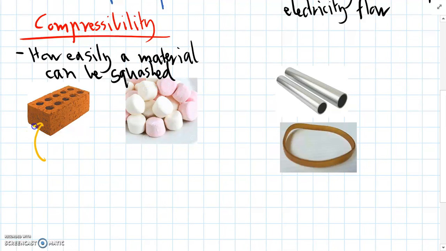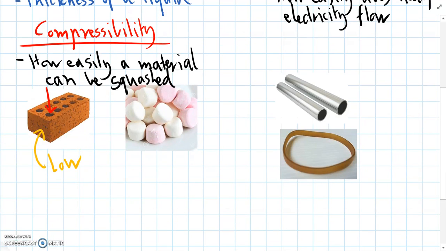So for something really solid like a brick, this has a low compressibility. It takes a lot of force to push down on the brick to compress it. If force pushes on that brick, it will barely move and it will barely get squashed at all. But something like a marshmallow, when we put a little bit of force on a marshmallow, they'll flatten down easily. So marshmallows will have a high compressibility.